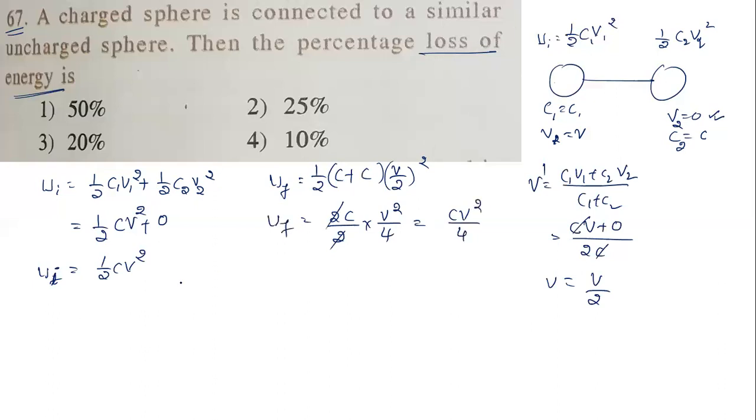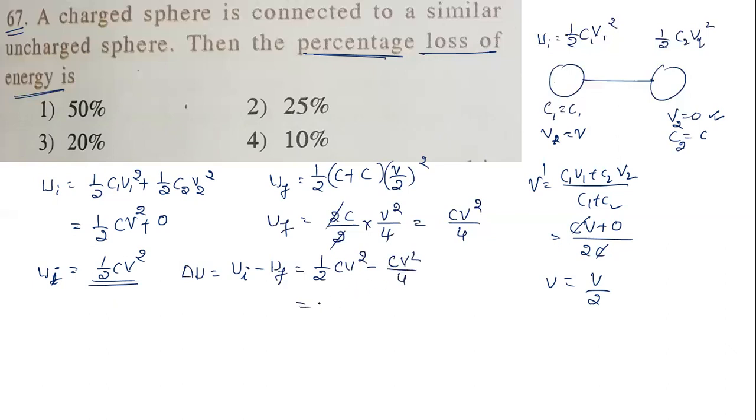Now we need to find the loss of energy, and then the percentage of loss. Let's find first the loss of energy. Delta U equals U initial minus U final. U initial, how much we got, students? Half CV square. Half CV square minus U final, which is CV square by 4.